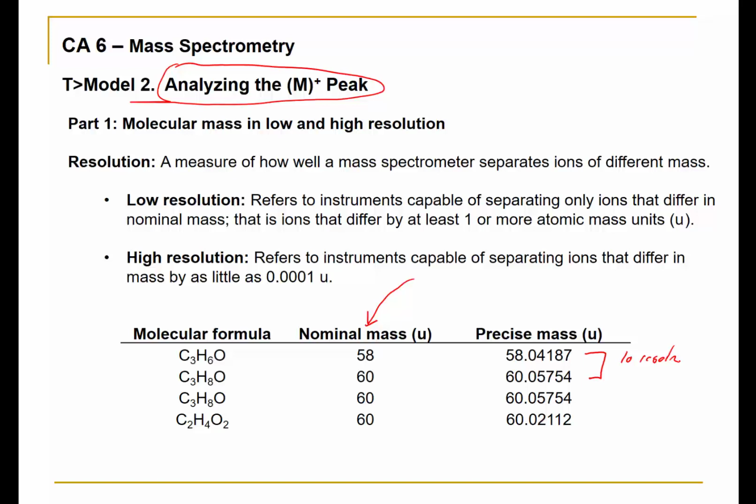However, if you have a high resolution instrument, you could actually distinguish the difference between these two compounds, which effectively have the exact same nominal mass and only differ when you look very precisely at their masses to several significant figures. So the distinction between these molecules with identical nominal masses could be done with high resolution mass spectrometry.